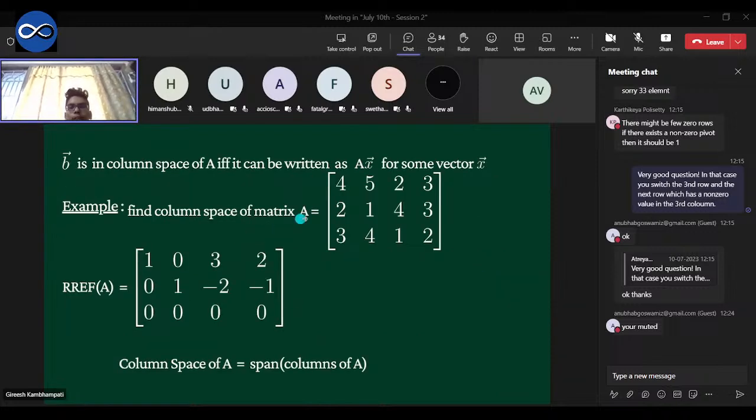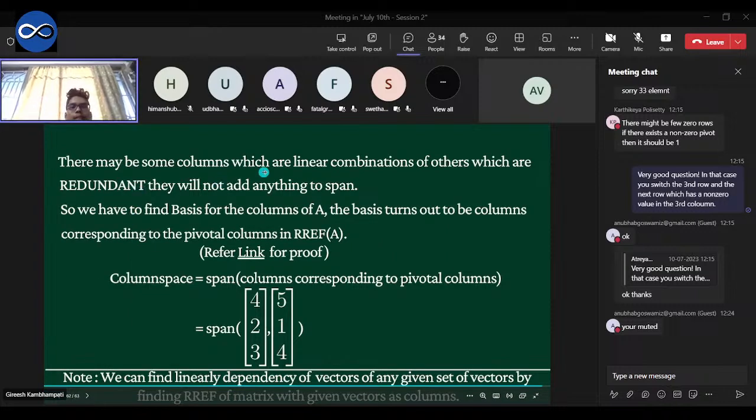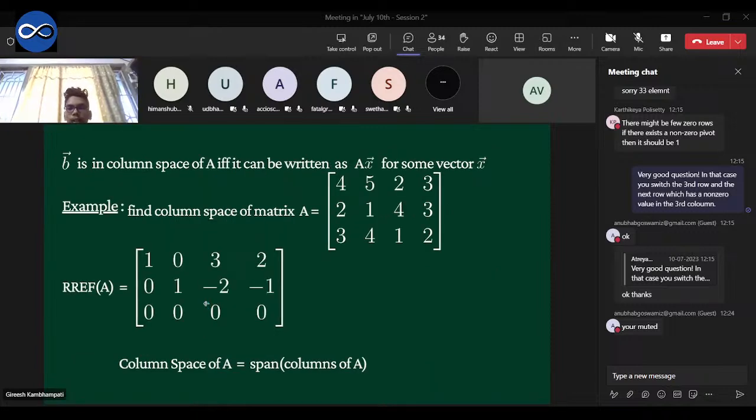Now we will find the column space of A. The column space of A will be the span of the columns of A from the definition. Why this RREF is here, we will see a little bit later. But there may be some redundant columns. For example, consider the matrix A equal to 4, 2, 3, 5, 1, 4.